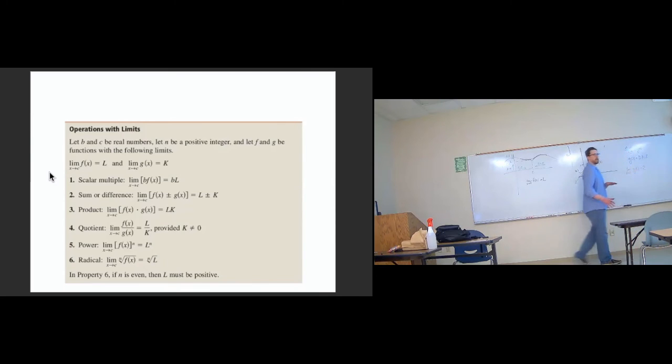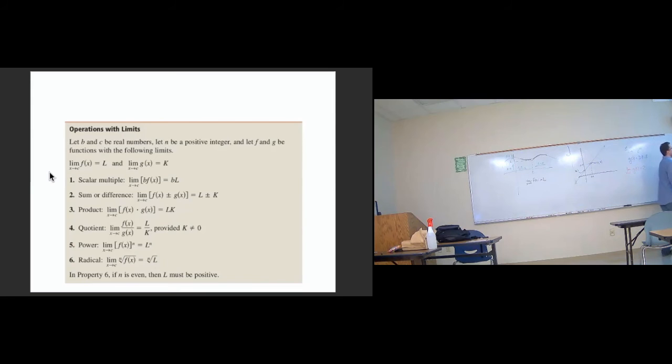Does that make sense? What we're saying here is if f of x approaches L as x approaches c, we want to multiply this whole thing by some constant. Then the answer is just going to be L times that constant. That's what this first rule is telling us.